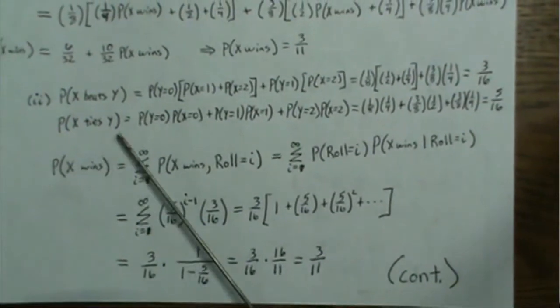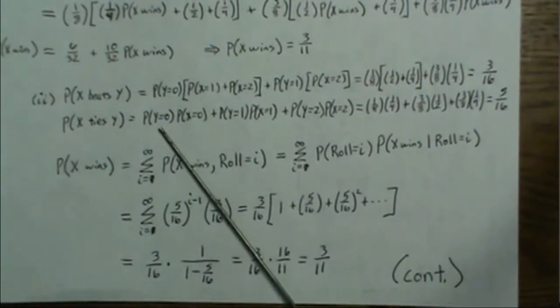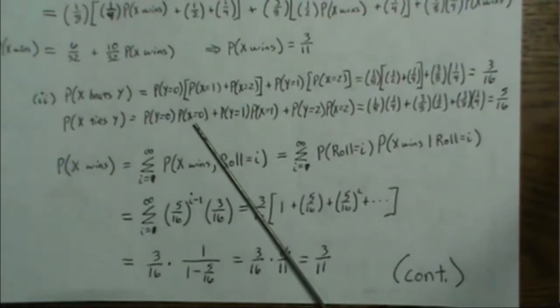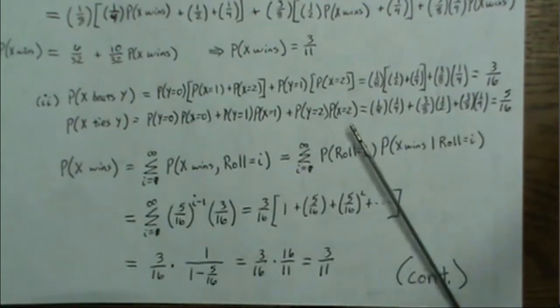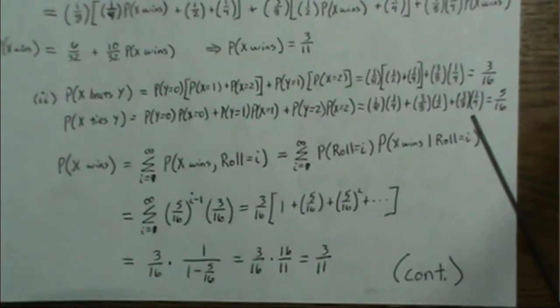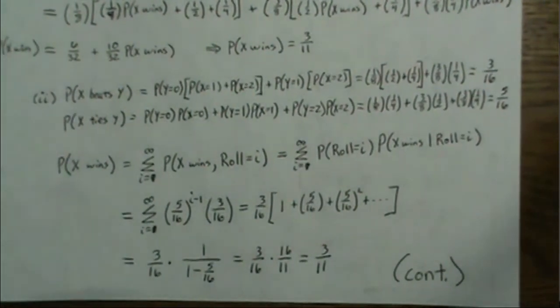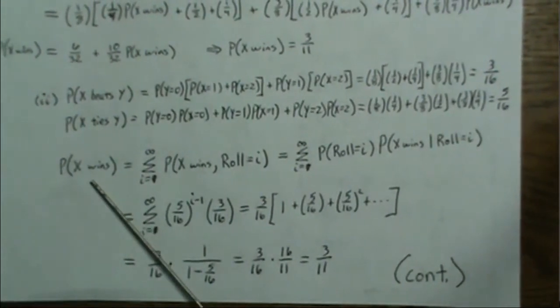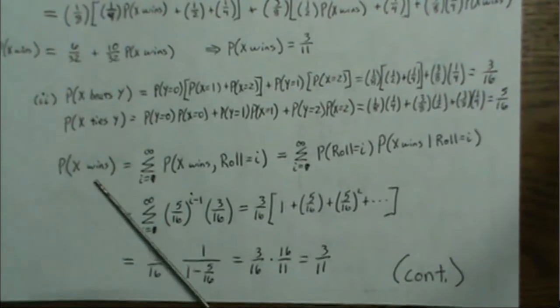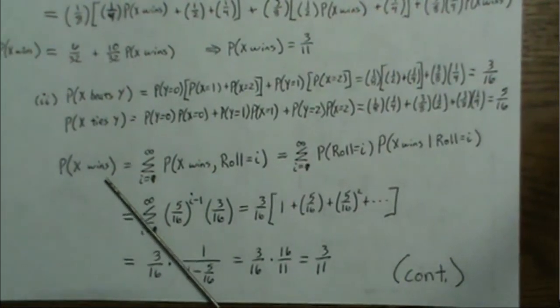Now, what's the probability that we tie on any given roll? So when Y is 0, X has to be 0. When Y is 1, X has to be 1. When Y is 2, X has to be 2. So the total of those probabilities is 5/16. So now if we think about this, the probability that X wins is this.